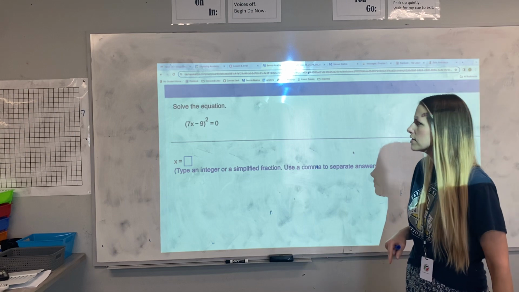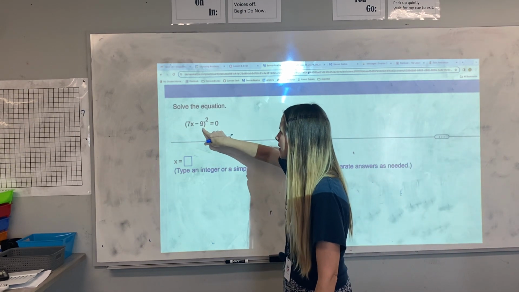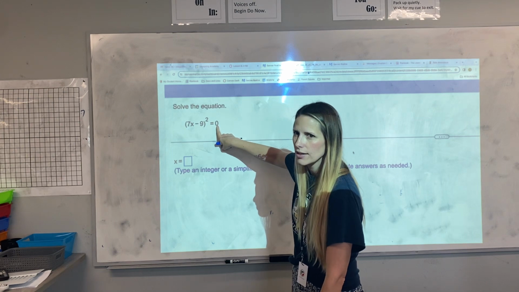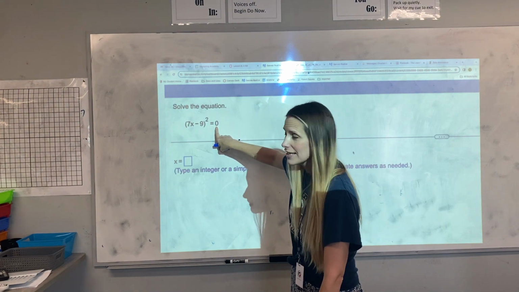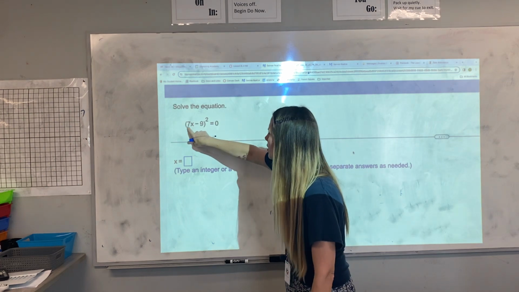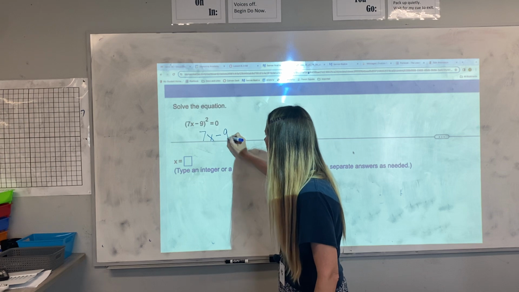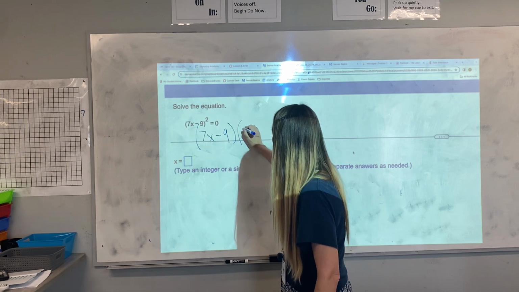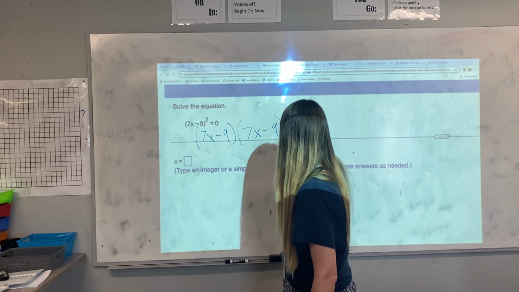Yeah, this factor is being multiplied times what to get 0? By itself. It's being multiplied times itself. So this factor, 7x minus 9, is being multiplied times itself, 7x minus 9, to get 0.